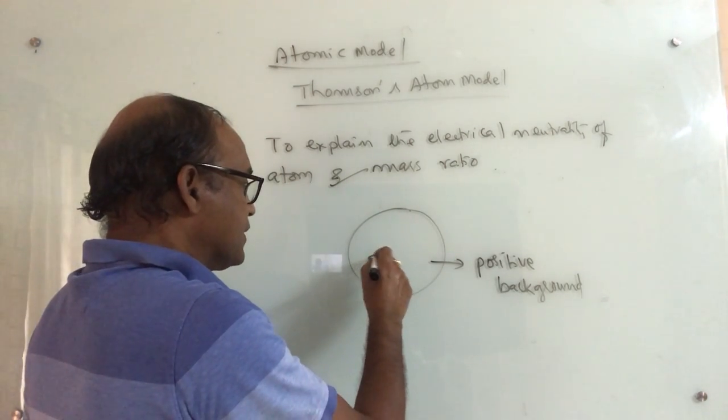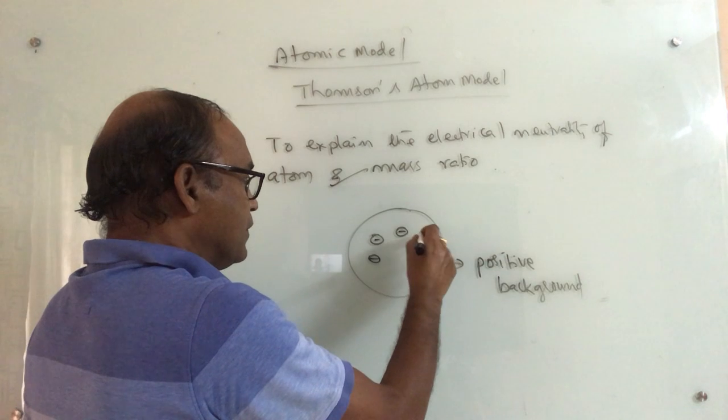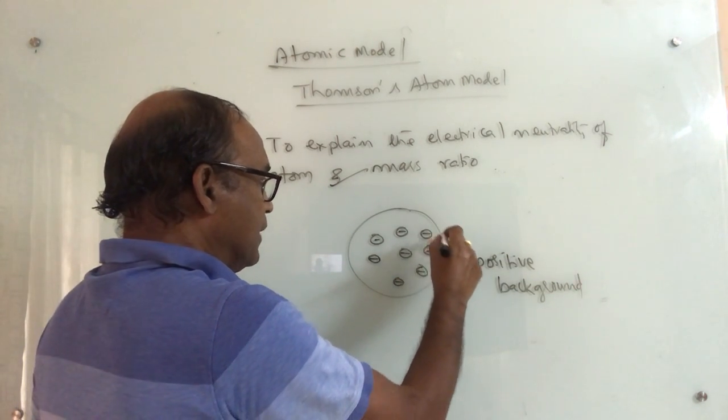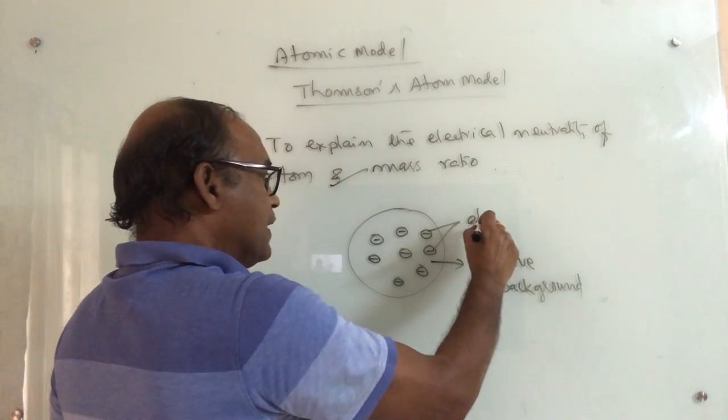And electrons, very minute in nature, are scattered or embedded. These are electrons.